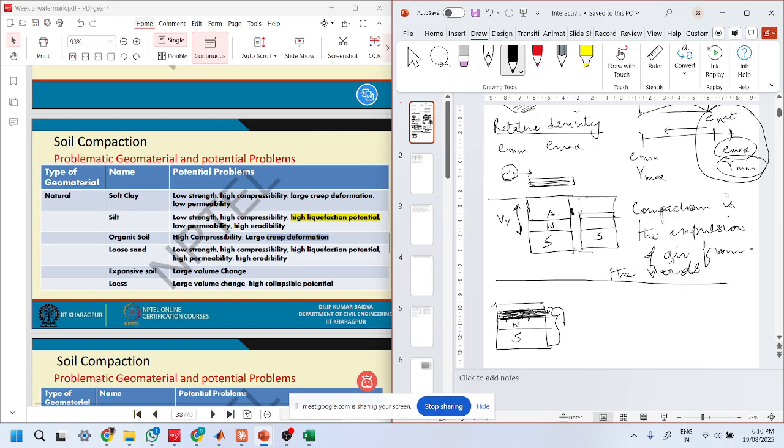So the change in volume of voids, initially when you start loading in compaction, there will be an immediate decrease. Then in the next phase, consolidation will take place and take some time. It will be called primary consolidation. This primary consolidation takes place under a specific amount of load. After a very long time, when this consolidation is over, what happens is that you have the.